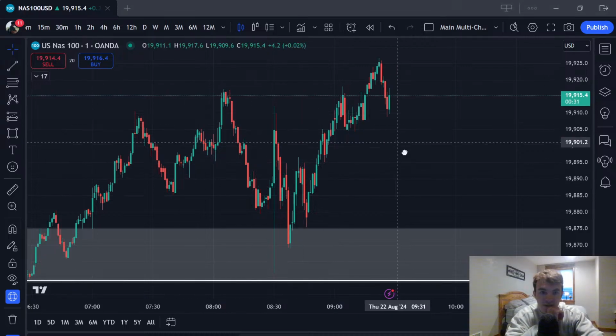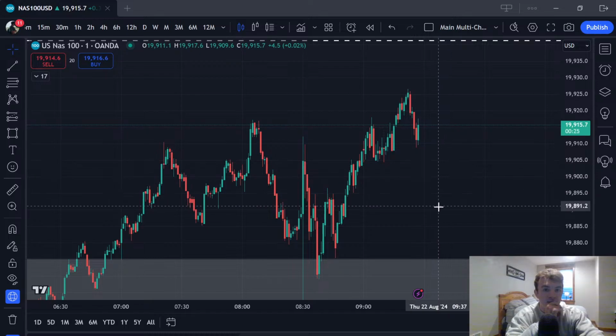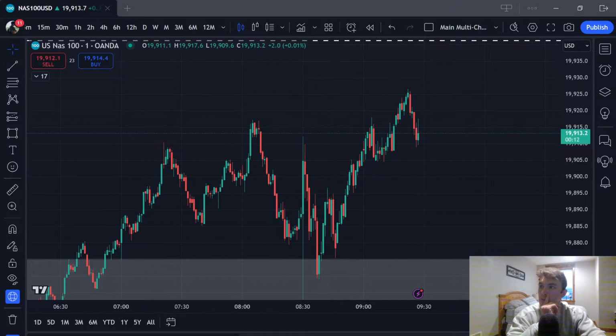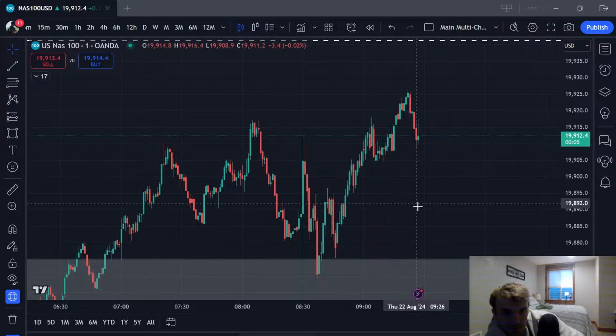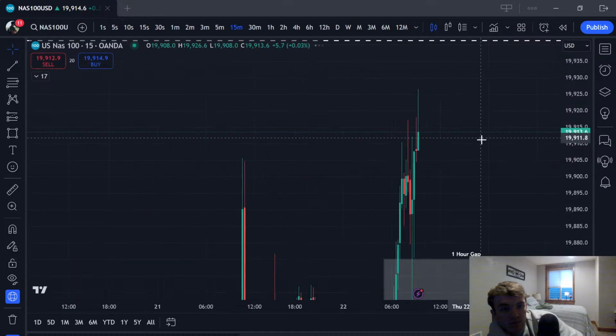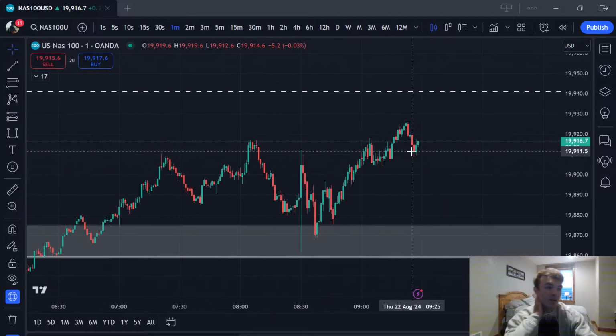Okay, market open is in 3 minutes. So really, what we're looking for is a really, really strong inverse fair value gap, and let the inverse fair value gap dictate our trade.